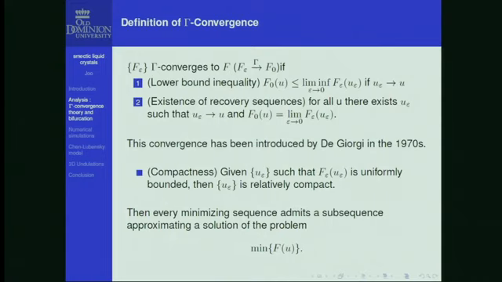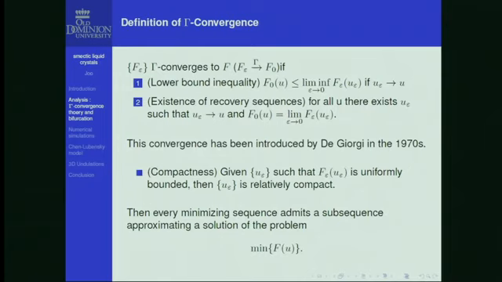So first, the lower bound inequality. Whatever sequence you choose to approximate u, in the limit, f epsilon of u epsilon is bigger than the gamma limit. But the choice of the gamma limit has to be sharp. So there is always a u epsilon for which this inequality becomes an equality.